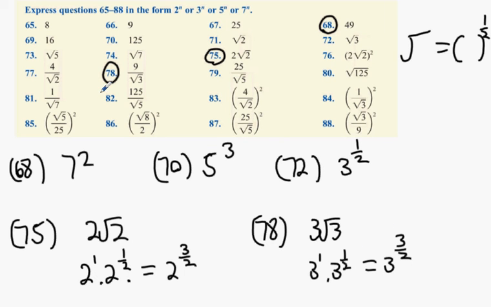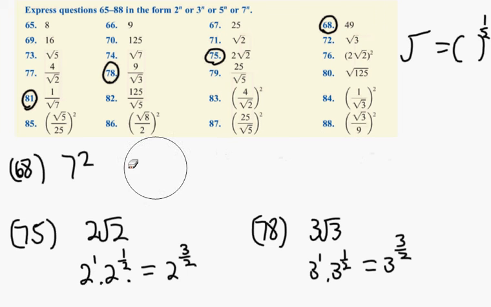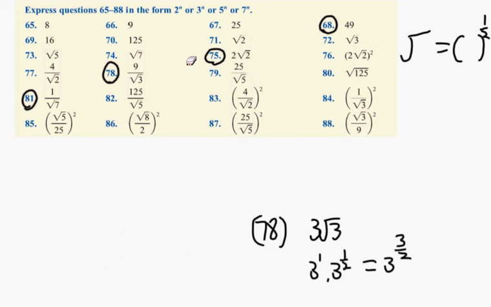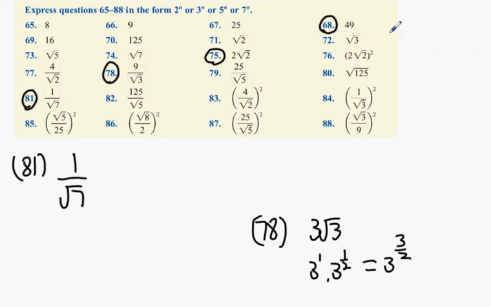Yeah. Now, 81, guys, is a tricky one. Okay, ready? 81 is a tricky one. So, what happens with 81 is, 81 is 1 over root 7. And remember we had another rule earlier, like the other day, where 1 over x squared is the same thing as x to the minus 2. 1 over 5 to the power of 3.